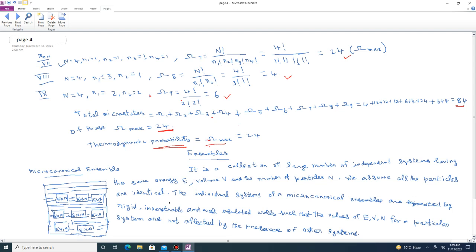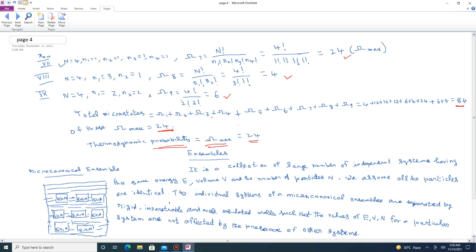Omega maximum is the thermodynamic probability, which is equal to 24. So we are able to find the macrostates, and for each macrostate you can find the number of microstates. If you add all the values of the microstates, that is equal to the total number of microstates, and the maximum number of microstates corresponding to a given macrostate can also be determined, and that is called the thermodynamic probability.